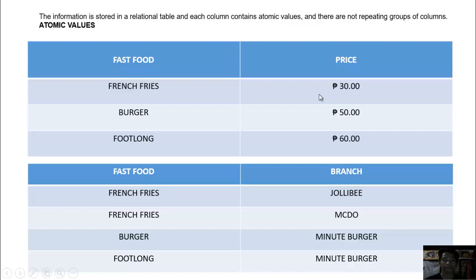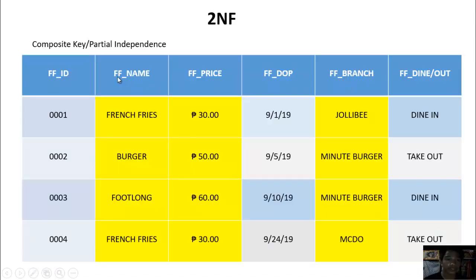Here we have the composite key and the partial dependency. As the first normal form deals with redundancy of data across the horizontal row, second normal form, or 2NF, deals with redundancy of data in vertical columns.